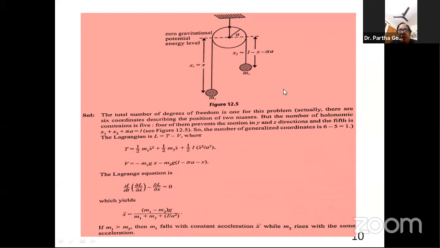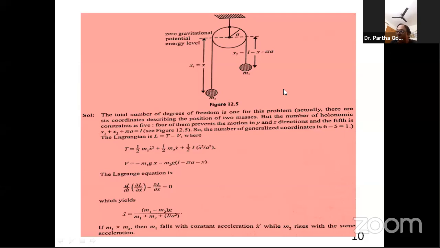Yes, sir, they are saying it is clear now. So in order that there is no slipping of the string while rotation of the pulley is taking place, I should have omega into a equal to x dot, or omega is x dot upon a. Is that right? I think now everybody is understanding why omega is x dot upon a.